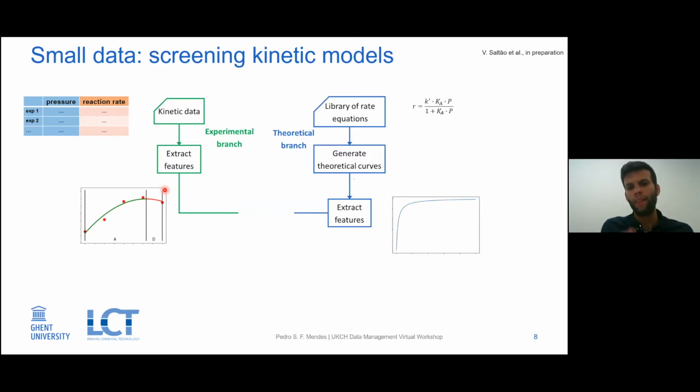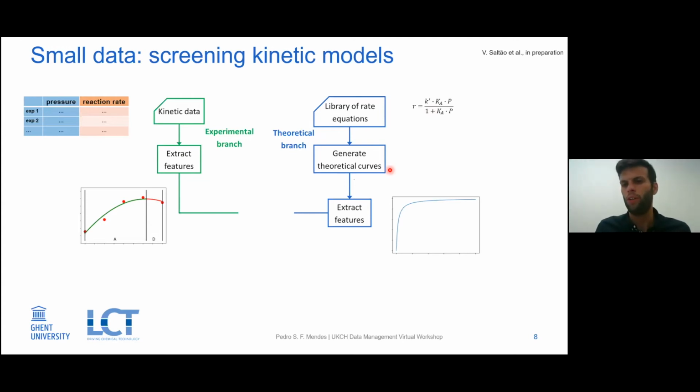And on the other hand, we take a library of rate equations based on the so-called Langmuir-Hinshelwood-Hougen-Watson kinetics, so typical kinetics for heterogeneous catalysis. This library was constructed, and based on this library, we generate theoretical curves.